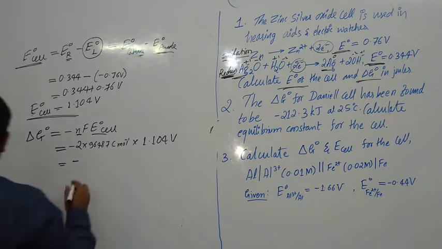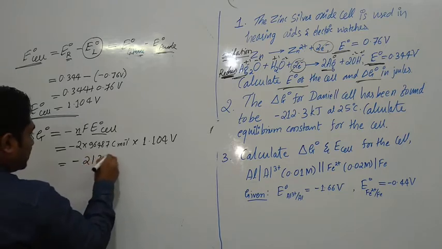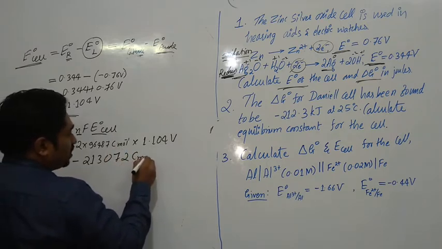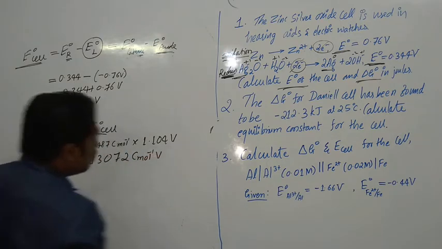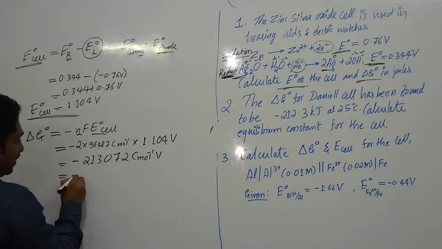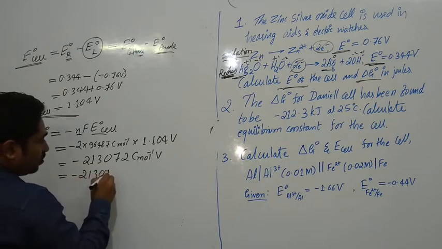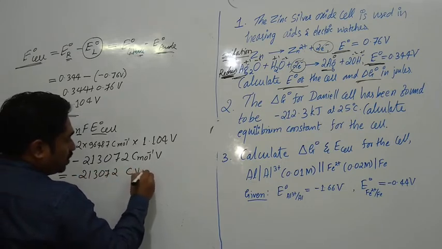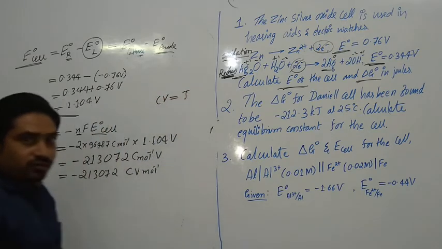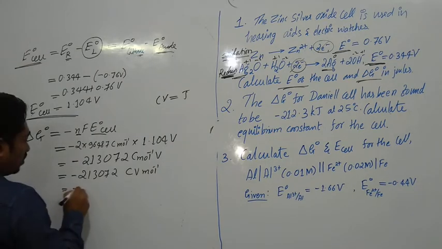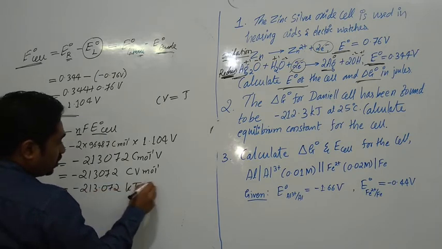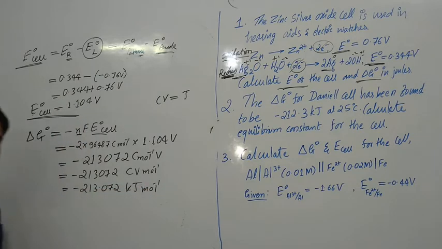So it is found to be minus 2130.72 coulombs volt per mole. And we know that coulomb volt is equal to joule. So minus 213.072 kilojoules per mole. Kilojoules per mole, isn't it?